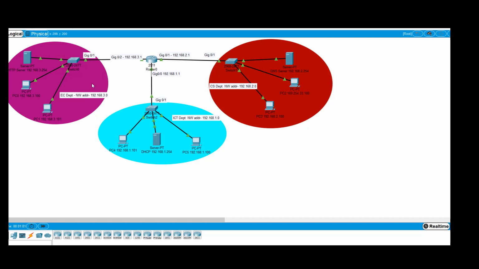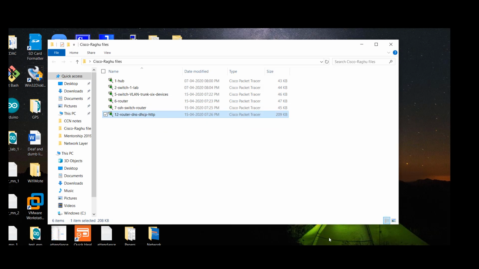Each one has been given a different network address. In this network there are 3 devices, and again in this network there are 3 devices. These 3 devices are the hosts of this network. Again, PC3, PC2 and PC1 are the hosts of this network. So we have a network address and a host address.